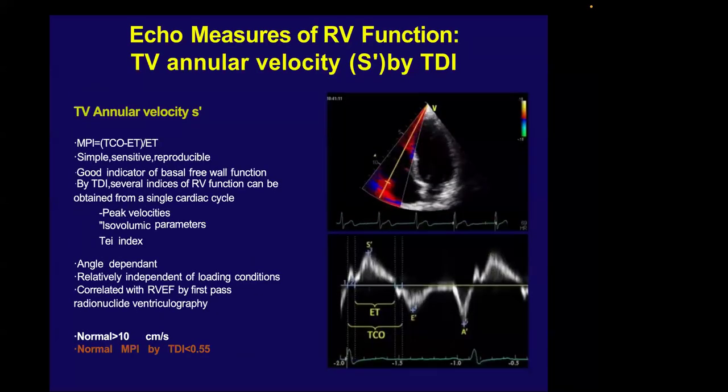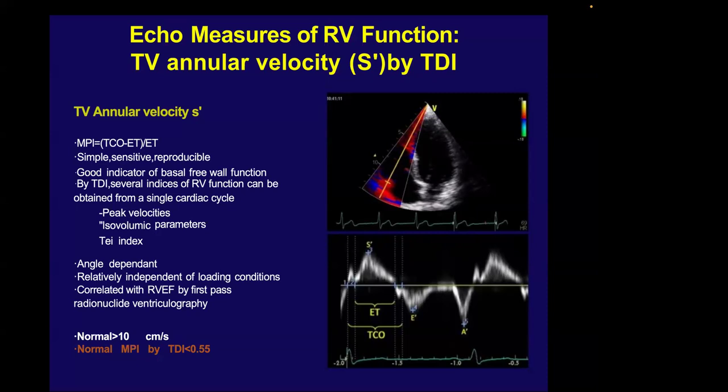Echo measures of RV function: tricuspid valve annular velocity, S prime, by tissue Doppler index. Here is the MPI. It is a simple, sensitive, reproducible, good indicator of basal free wall function by tissue Doppler index.